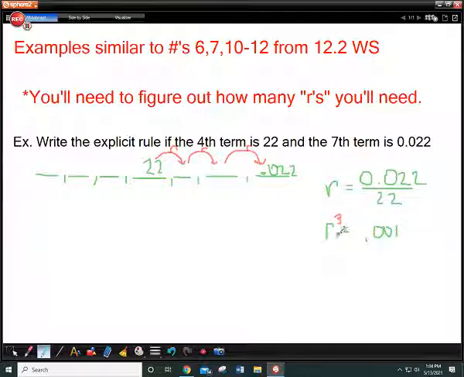So to figure out the r, to get rid of a cube, I'm going to cube root it, and I'm going to cube root this side. That way the cube and the cube root cancel. So again, you're going to grab your calculator.